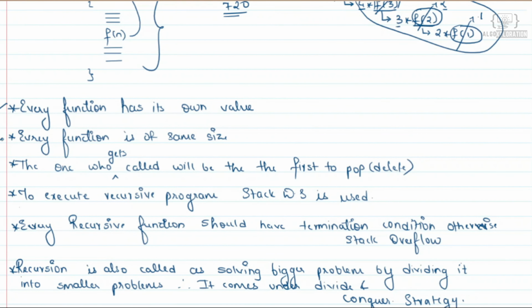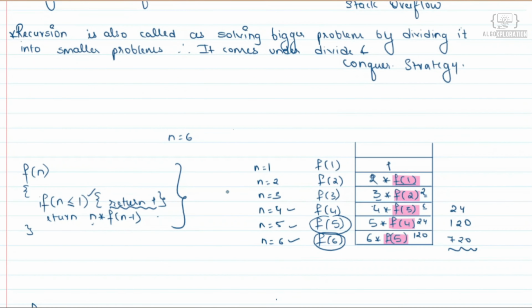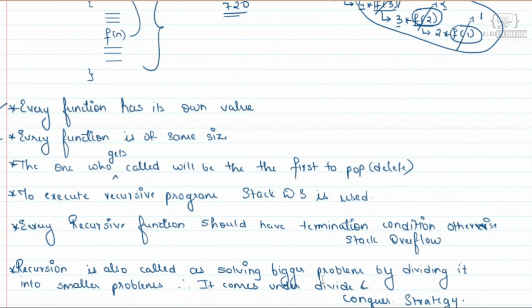The second point is every function is of the same size. The size of function f of 6 is the same as the size of function f of 5. The third point is the one who gets called last will be first to pop.